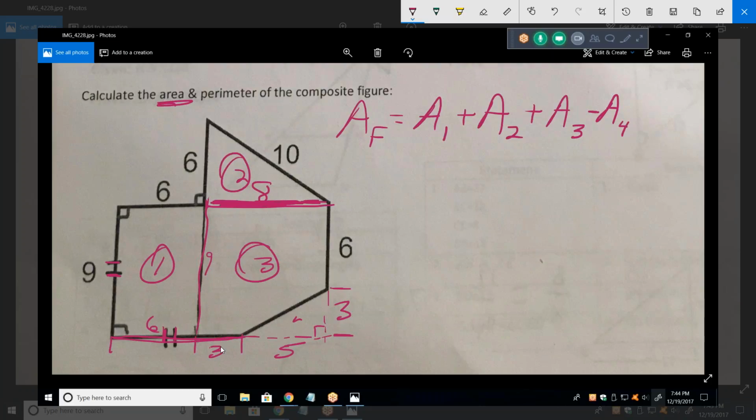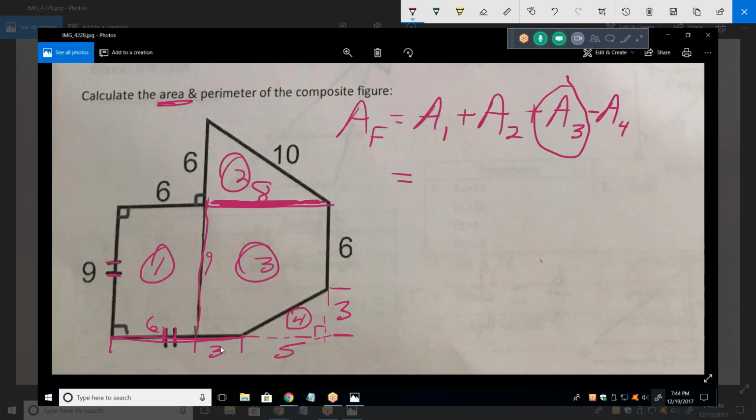We'll call that 4 right there. And that is not a square because it's 8 by 9, so it's a rectangle. Now, I believe we can fill in all of those.